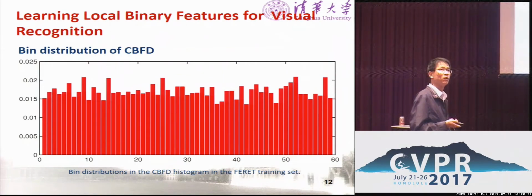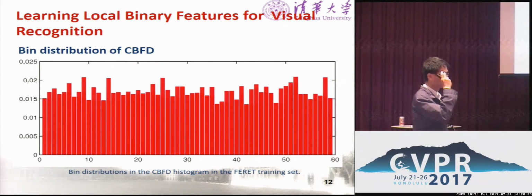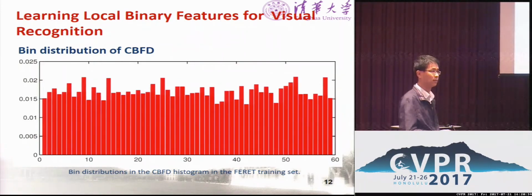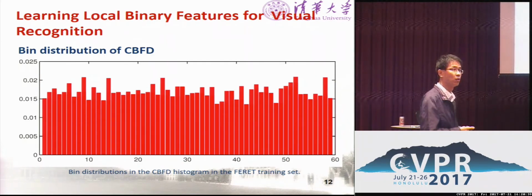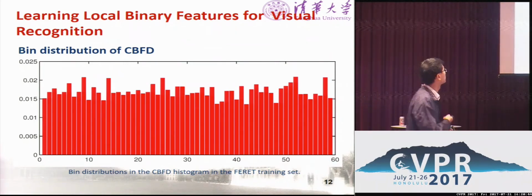We want to emphasize that this is also an unsupervised learning technique. This is also the key difference between our learning criterion and some state-of-the-art deep learning models, because most state-of-the-art deep learning models learn features based on CNNs or are supervised. So our method can be performed in the unsupervised setting.